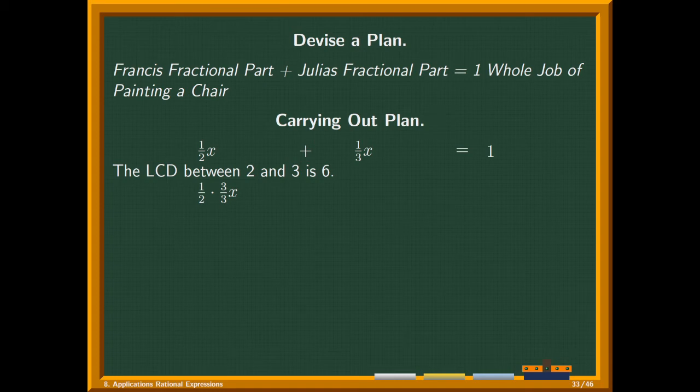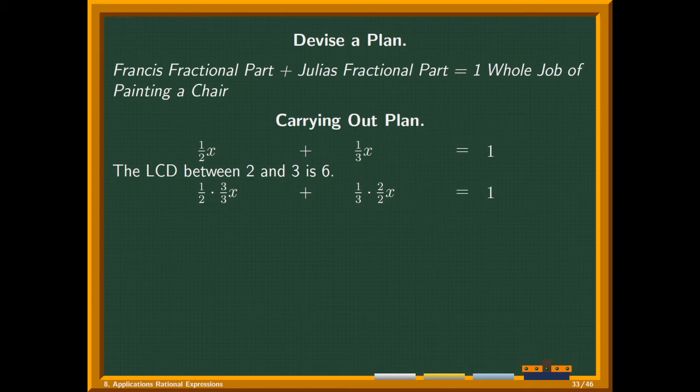So this is 1 half times 3 over 3 x. And 3 over 3 is just the same as 1. So 1 half times 1 is just the same as 1 half x. While on the other side, for this to become 6, we need 2 over 2. 1/3 times 2 over 2 x. Okay, they are just the same on top, which is equal to 1. What now?